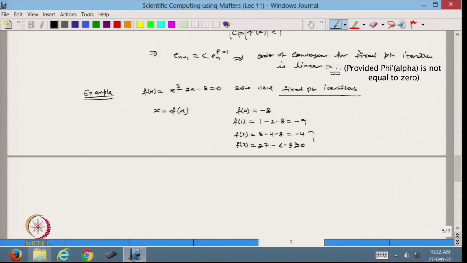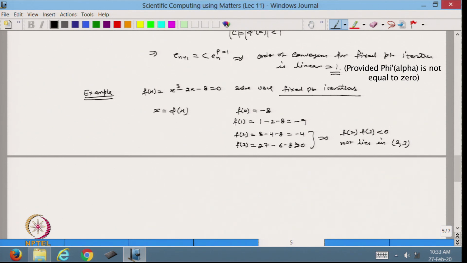So, from here I can say that f of 2 into f of 3 is negative. So, the root lies in 2, 3. So, the root lies here.